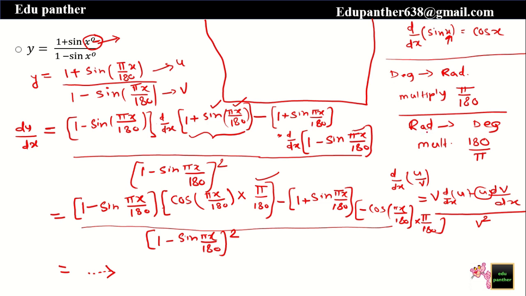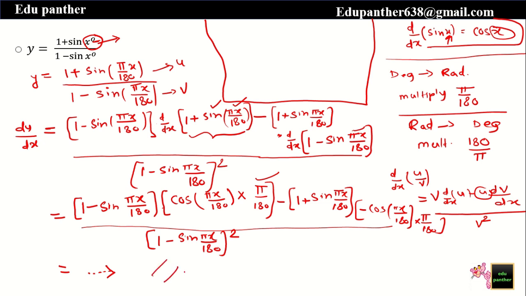And similarly, if we have to convert radian into degree, then multiply it with 180 over pi. And one more thing to remember, whatever derivative formula we know for trigonometric functions, in those formula by default each angle is written in radian only. So if it is in degree, first convert into radian and then differentiate. So this is done.